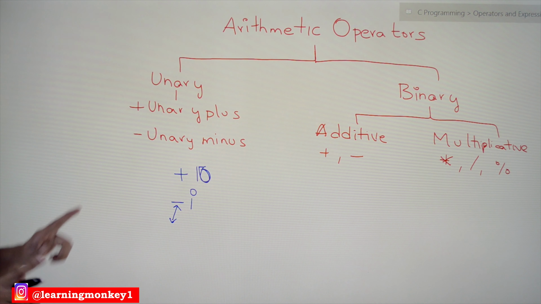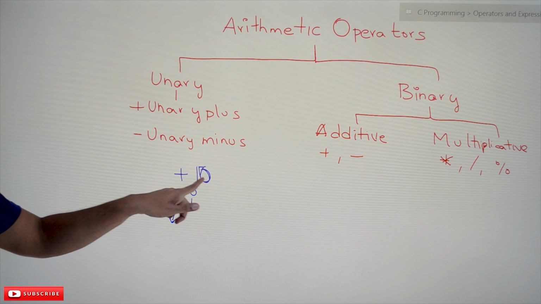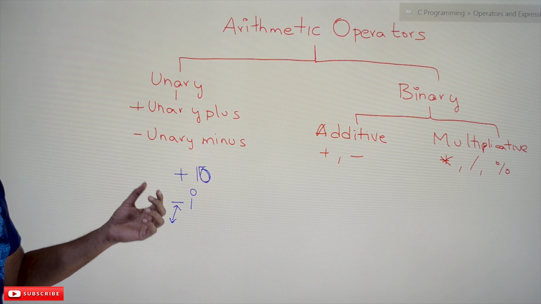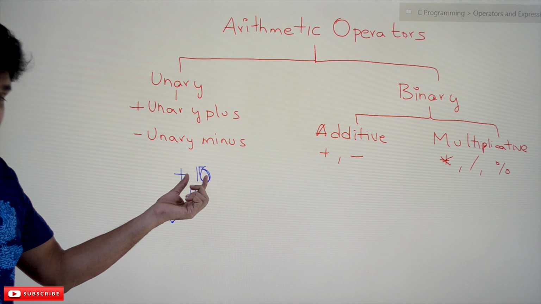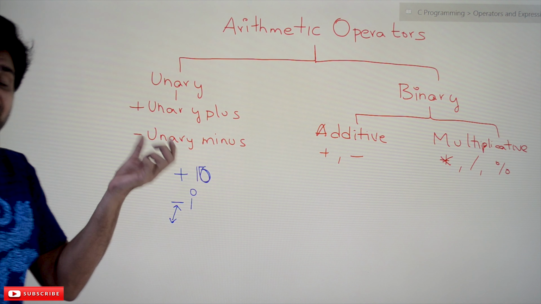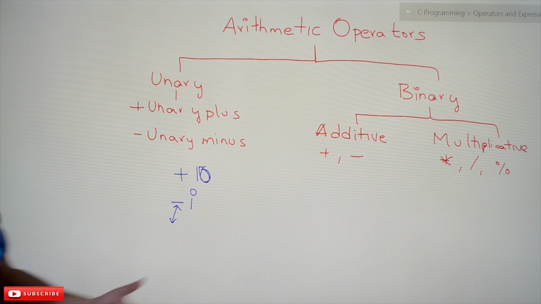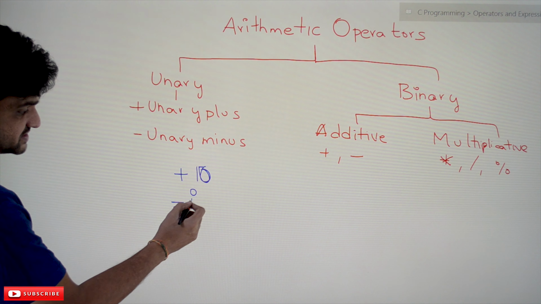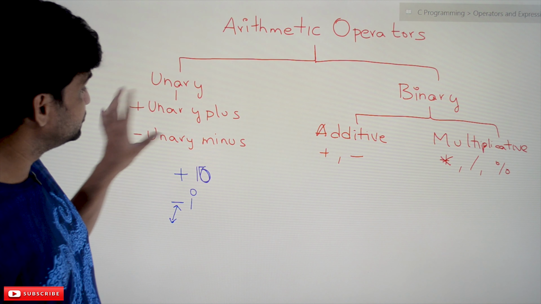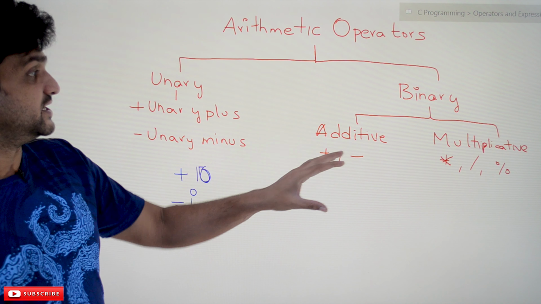The difference is that this plus, when applied to one operand, is going to decide the sign of that number, that value, that variable. Here minus I means the value of I is going to be a negative value. Unary plus and unary minus are called unary arithmetic operators.